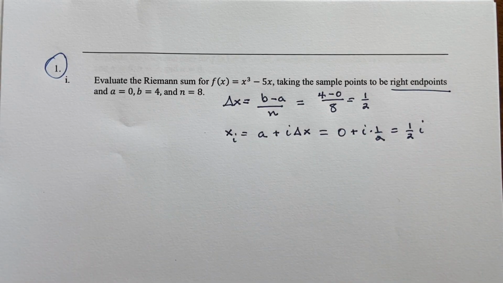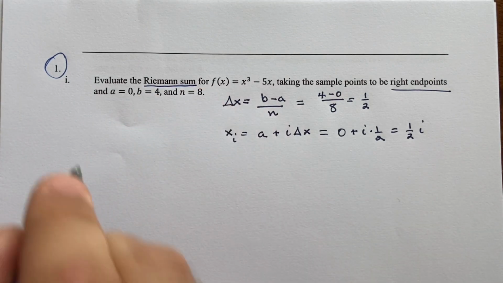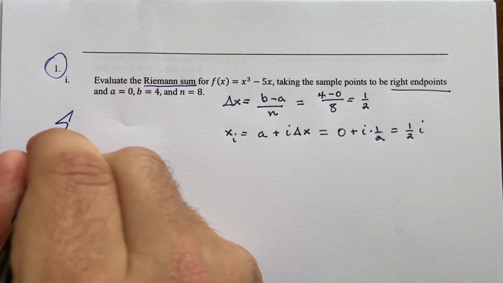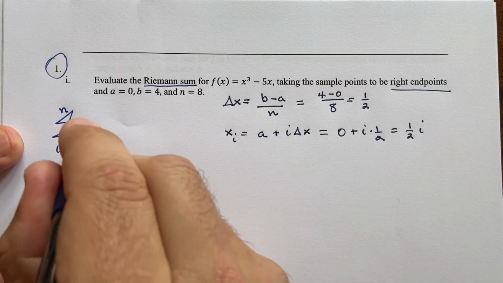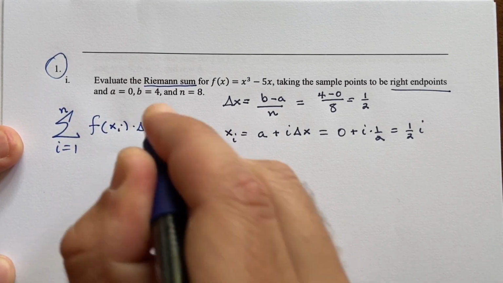Okay. So for part 1, what we want to do is evaluate the Riemann sum, right? That's what this was saying. So that formula will be the sum from i equals 1 to n of f of x sub i times delta x. That's in general.